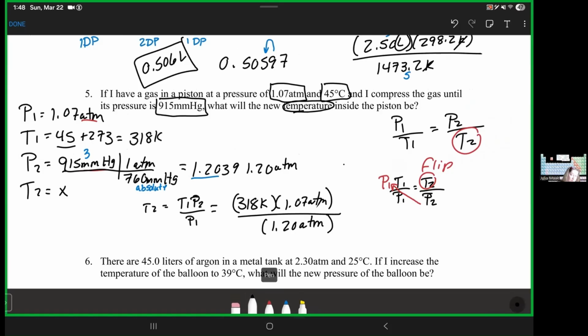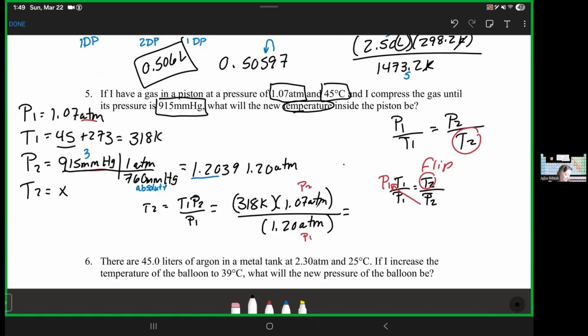So we know that if pressure goes up, temperature goes up. If pressure goes down, temperature goes down. Here our pressure went down, P2 and P1, which means we should expect our temperature to go down. So that temperature should be lower, and it is not.